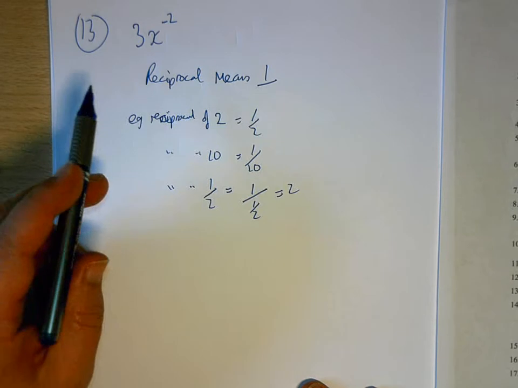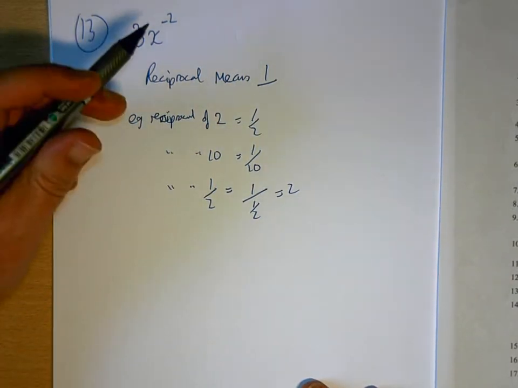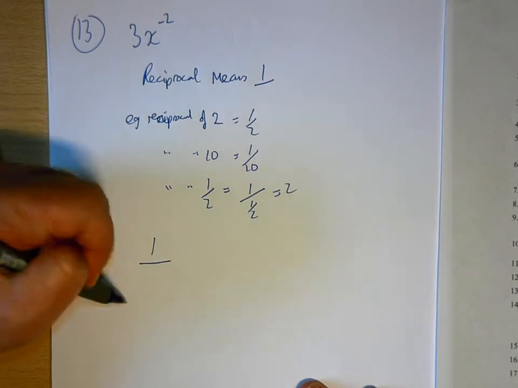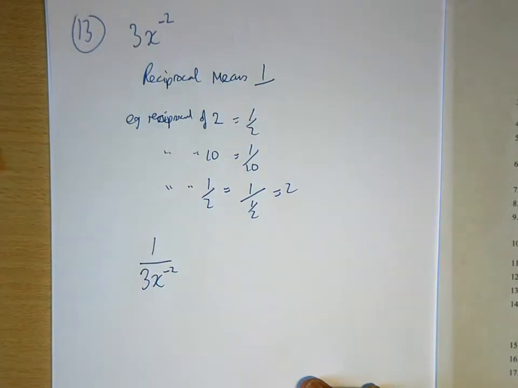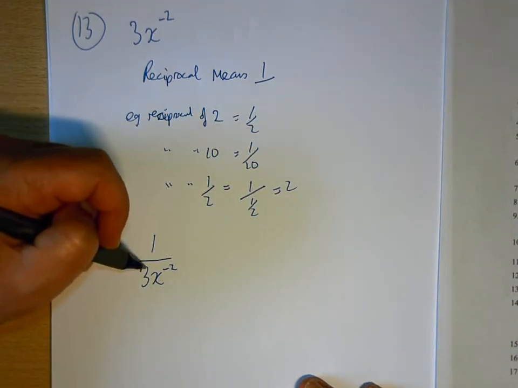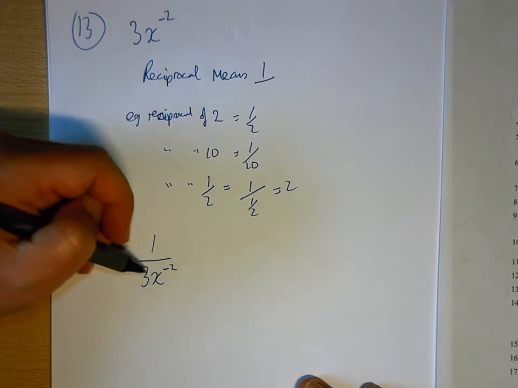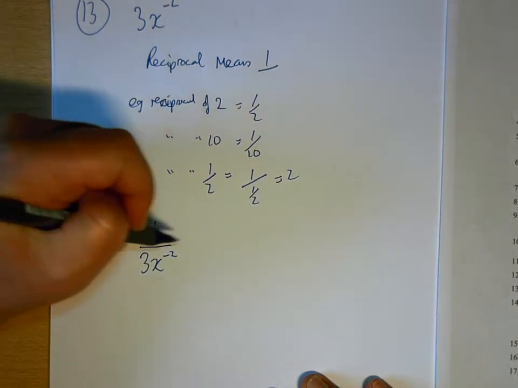So if we've got the reciprocal of 3x to the minus 2, that means 1 over 3x to the minus 2. Now, we can't do anything with the 1 over 3, but the x to the minus 2, we can. I wonder if I can do this another way.